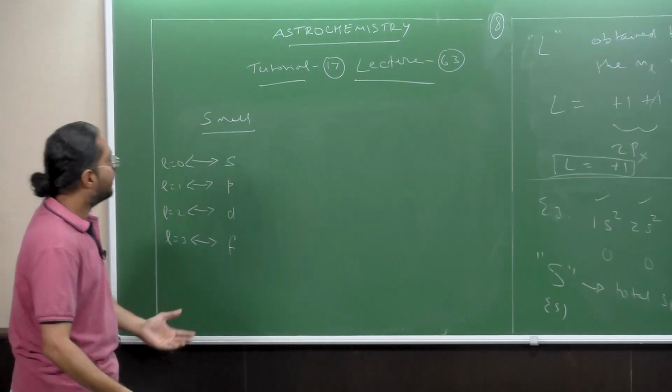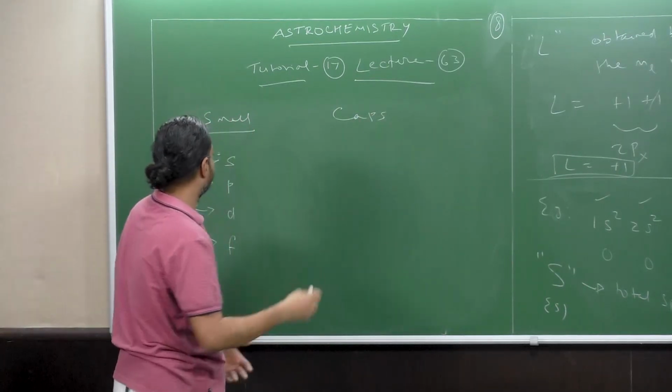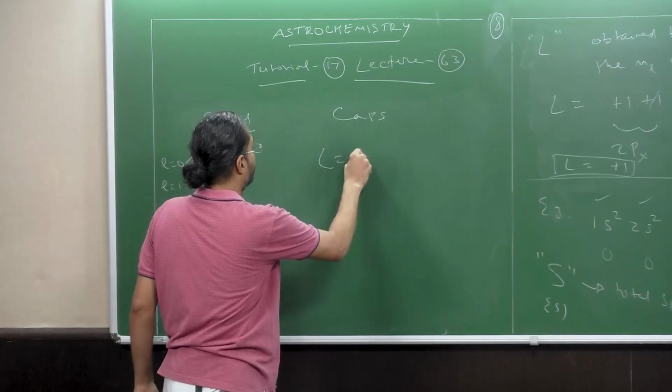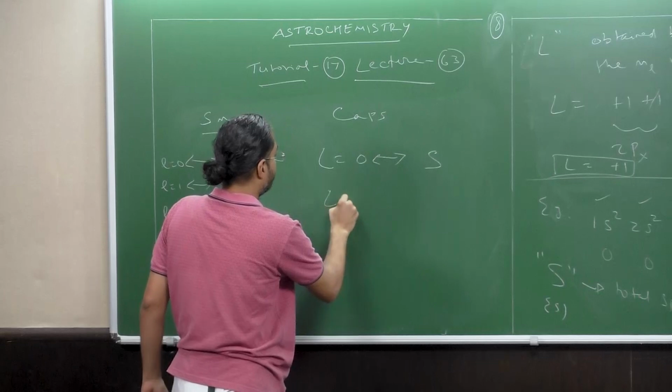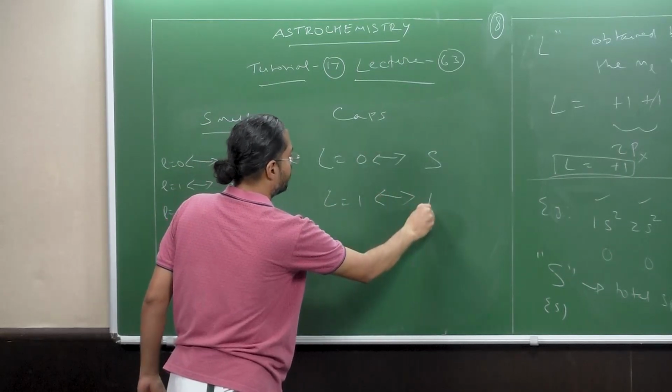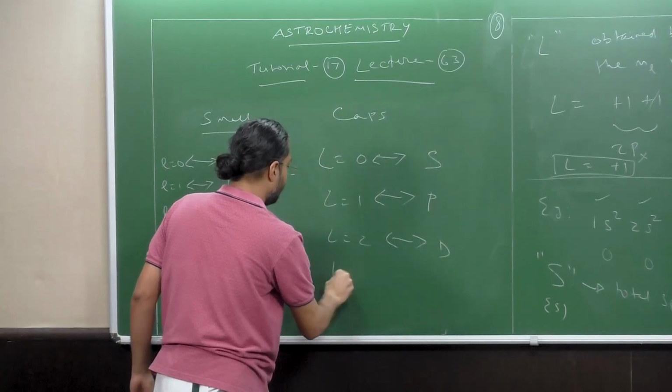Likewise, these are going to be expressed in capital letters. L equal to 0 corresponds to what is called a capital S, L equals 1 corresponds to a capital P, L equals 2 corresponds to a capital D.